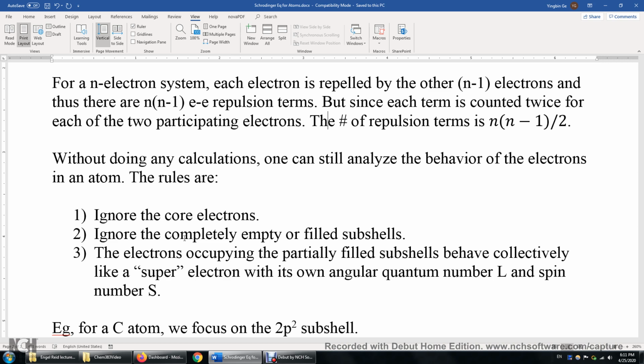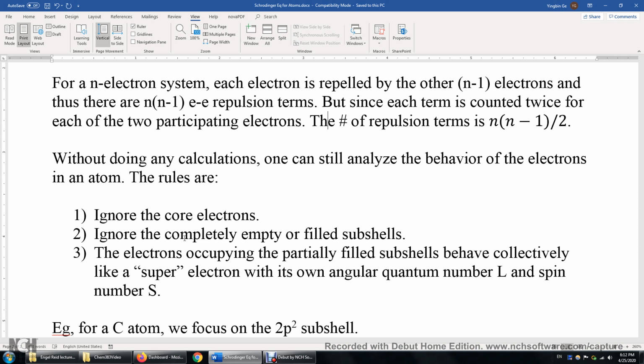In this case, the Z component of the angular quantum numbers. And also, we can sum up the Z component of the spin quantum numbers. For a single electron, the spin number can be plus half or negative half. If we have 2 such electrons, we sum up these 2 numbers: positive half plus positive half, we get positive 1.